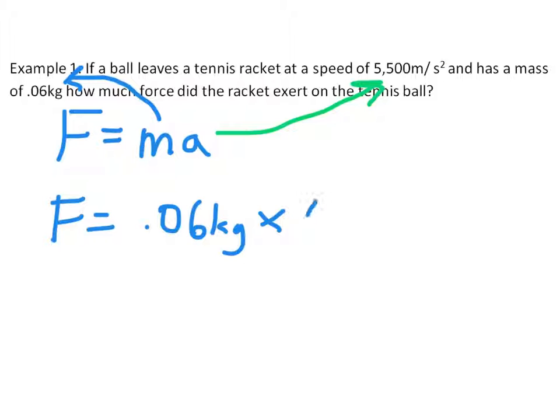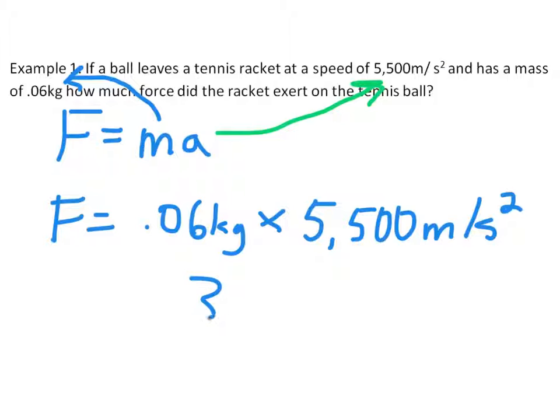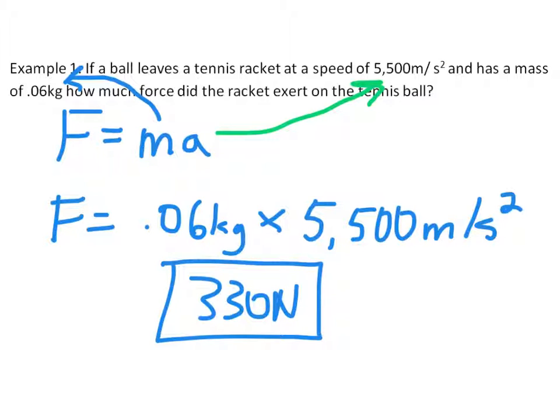So we're going to put right here 5,500 meters per second squared. And all we do is punch those two numbers into our calculator, and we are going to get that the ball was hit with 330 newtons of force. So this would be our answer. It's 330 newtons.